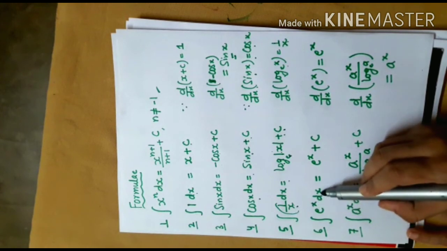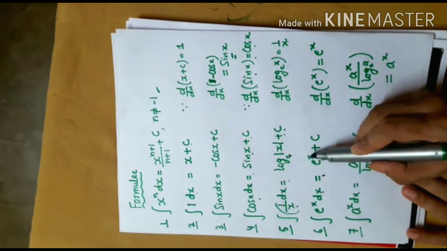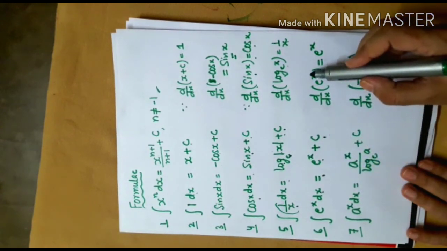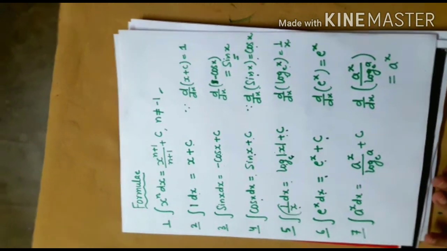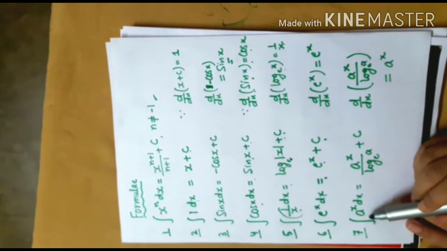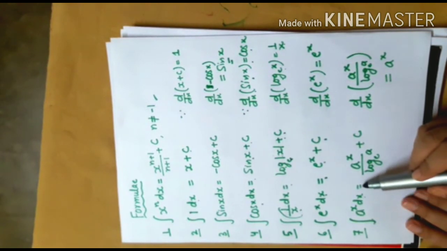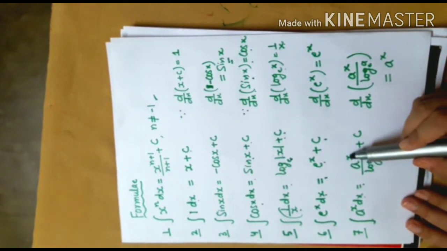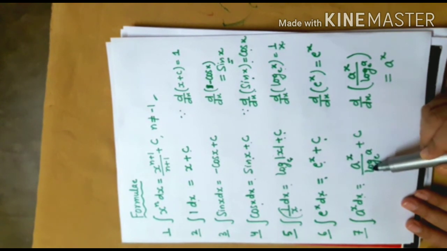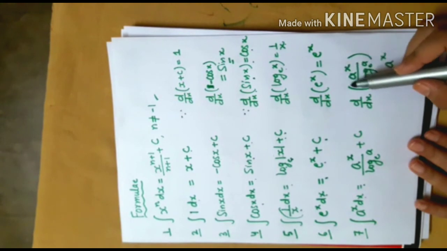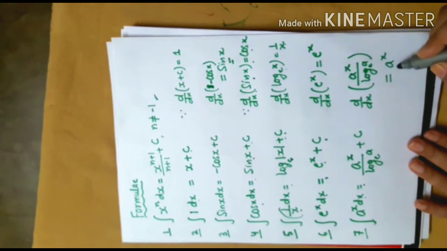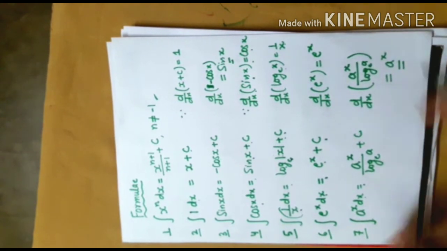Integral e to the power x dx will be e to the power x plus c, because derivative of e to the power x is e to the power x. Integral a to the power x dx will be equal to a to the power x over log a to the base e plus c, because derivative of this is equal to a to the power x.